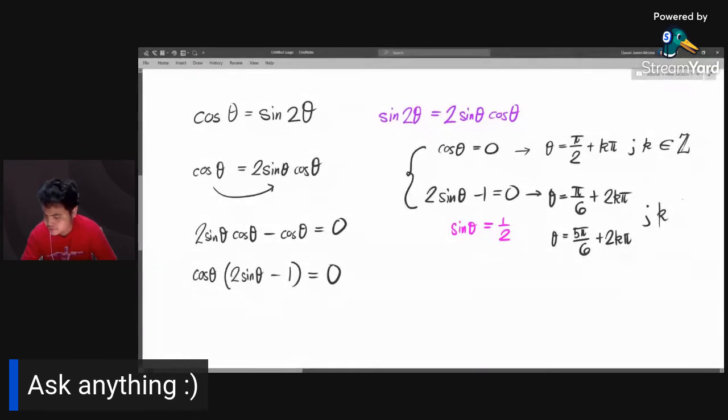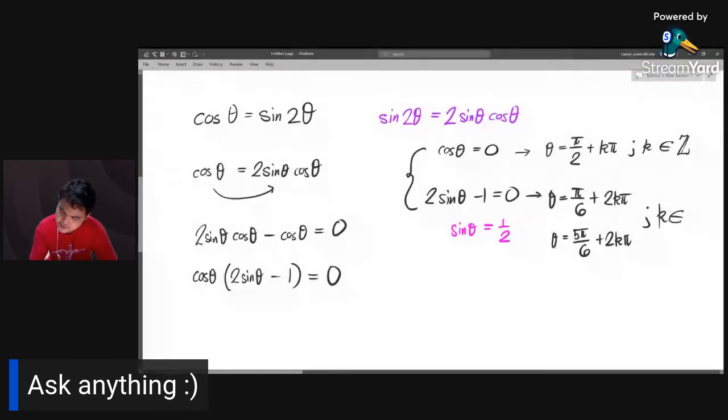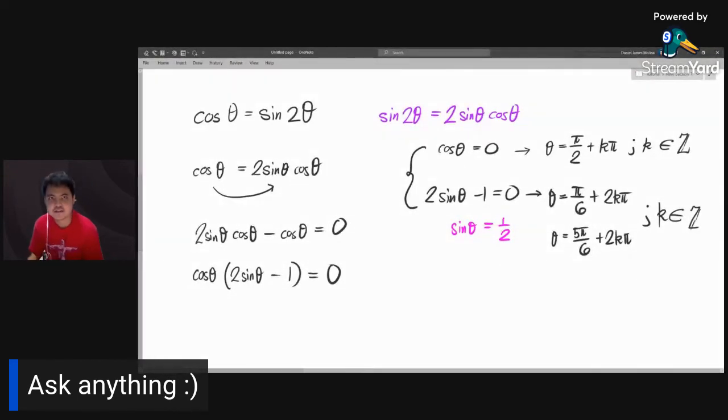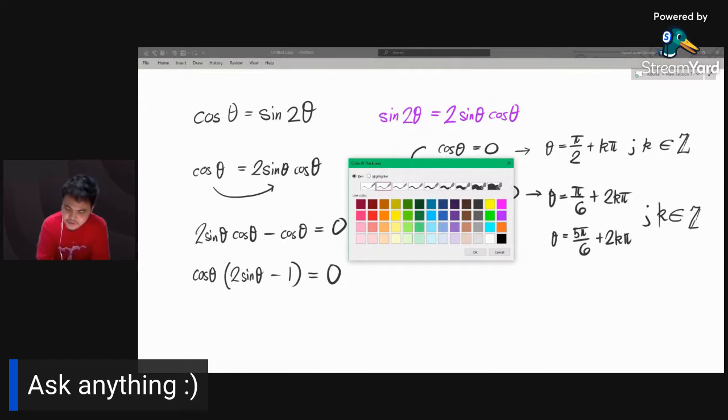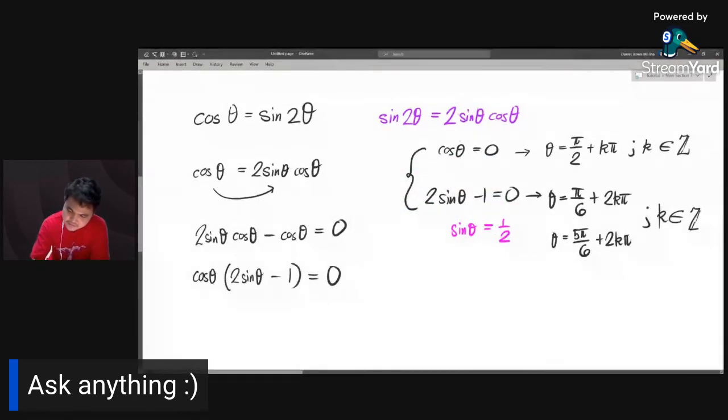Similarly, k is an element of the set of integers. Yes, it is. So our solution for this equation, we have 3.